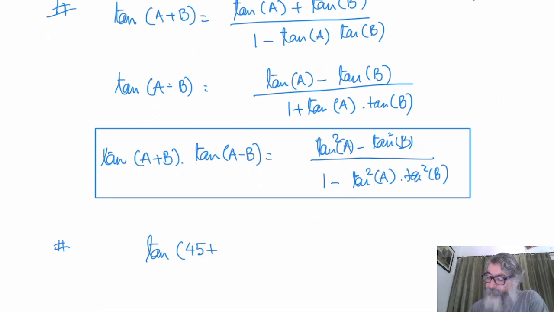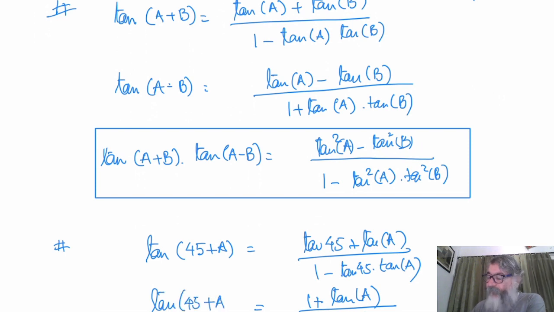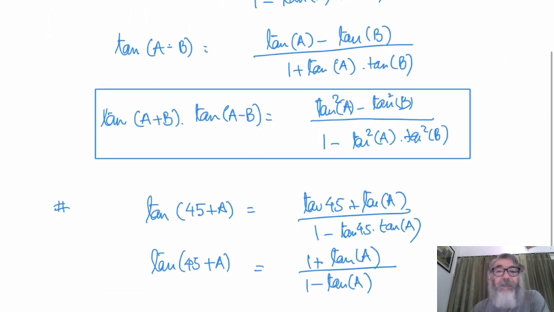tan(45+A). Instead of A or B, I have taken one angle as 45, one angle as A. Again tan(A+B) will be tan 45 plus tan A upon 1 minus tan 45 tan A. So tan 45 value is 1, so this is 1 plus tan A upon 1 minus tan A. Please remember, if I get 1 plus tan A upon 1 minus tan A somewhere, it always can be written as tan(45+A).